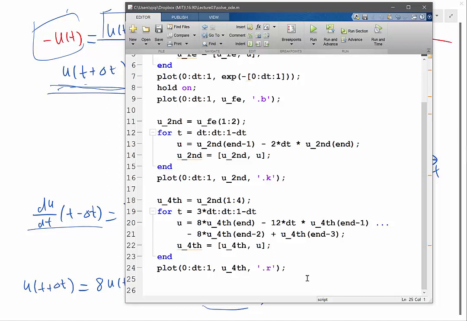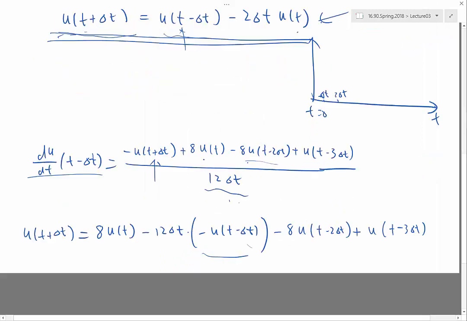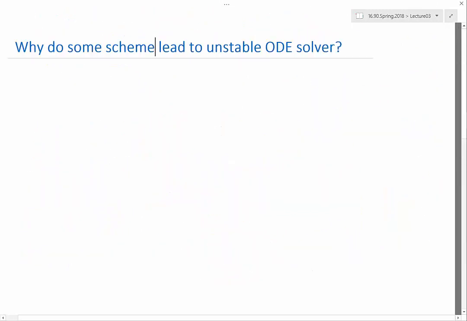The reason it's called a zero instability is that it is not even able to integrate du dt equal to 0. If you use the fourth order scheme to integrate du dt equal to 0, you get an unstable scheme. It'll blow up the same way, as long as you don't start with everything being 0.